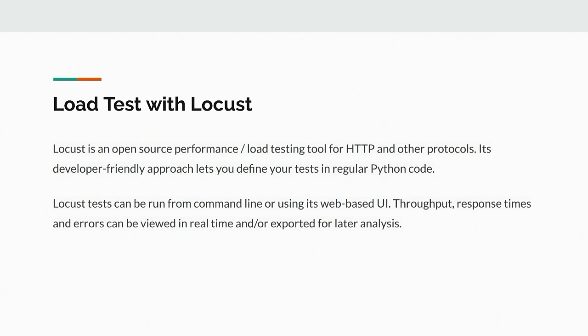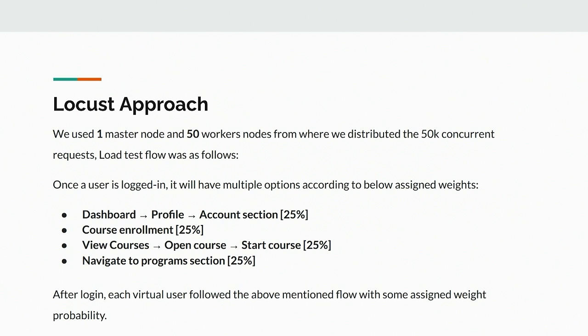It can be run from the CLI, and it has a pretty nice web UI where you can run your workloads. You can see your throughput and response times in real time, and it lets you download the report so you can later make decisions based on that report.